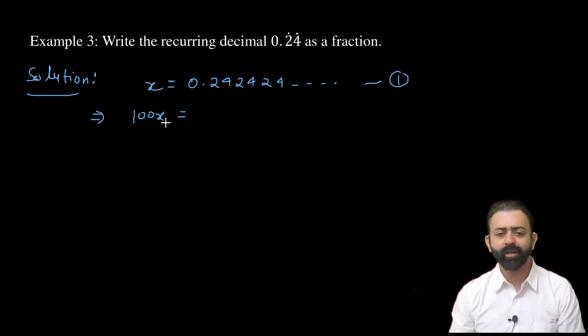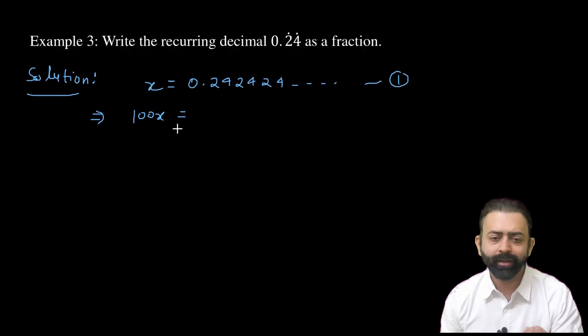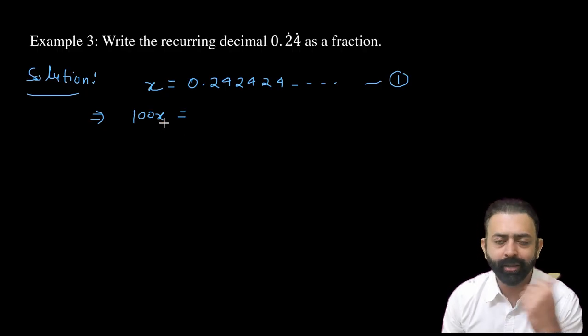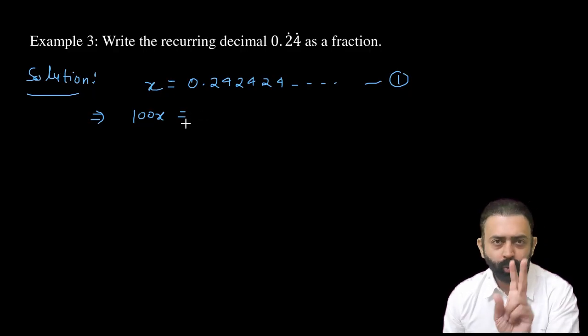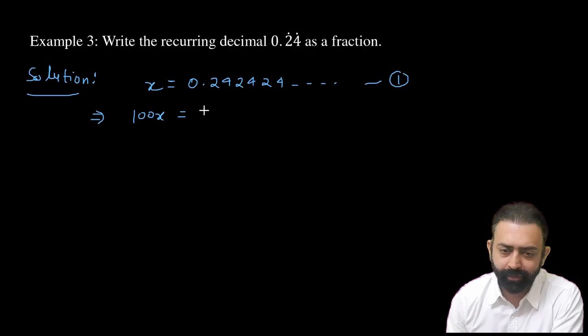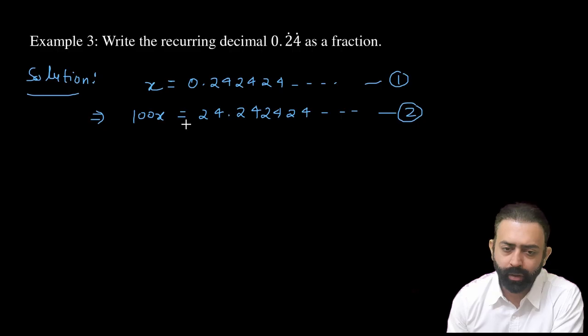It is just for the sake of your understanding that I have written it in example 1. After multiplying by 100, the decimal point will shift 2 places towards right. So I will write this as 24.242424 and so on. This is my equation number 2. Rewriting equation number 1 again below this.